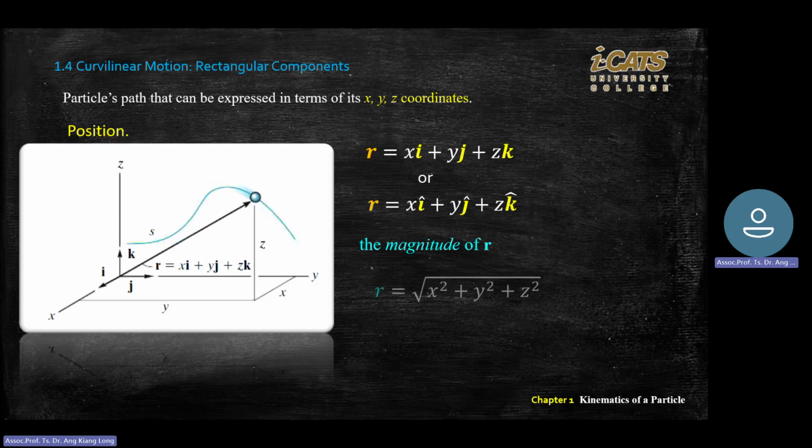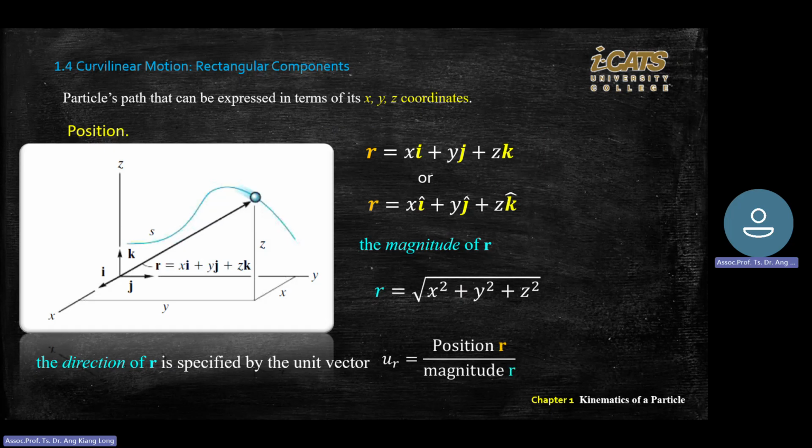Recap how to find the magnitude: the square root of x square plus y square plus z square. Direction is position divided by the magnitude of r. This means you take this, the one in the orange color, divided by the magnitude. This is the direction, and we always write it as u sub r.